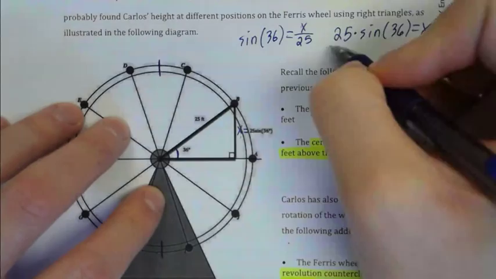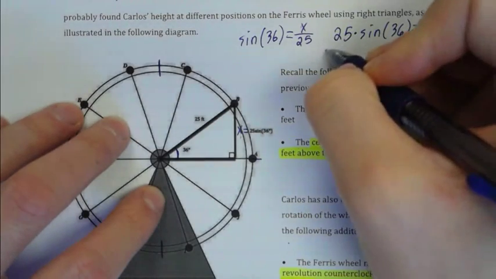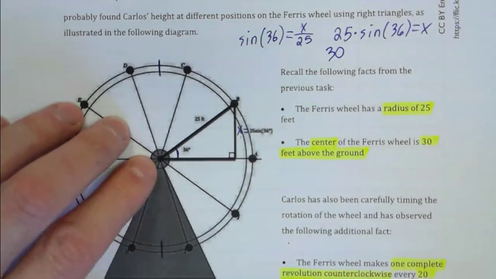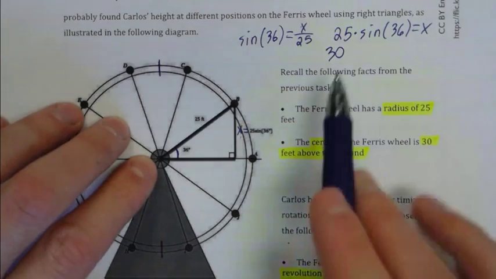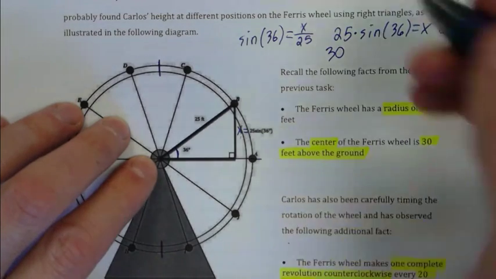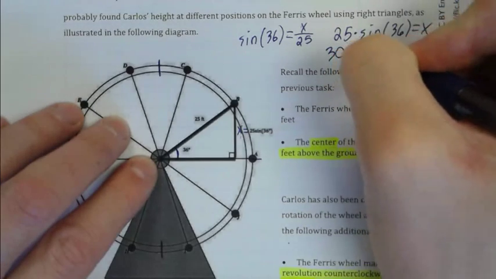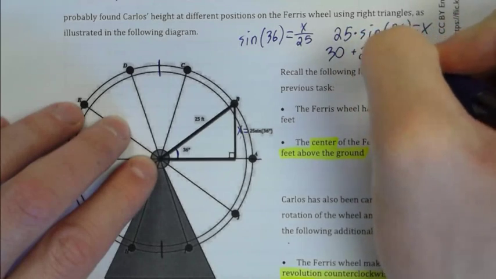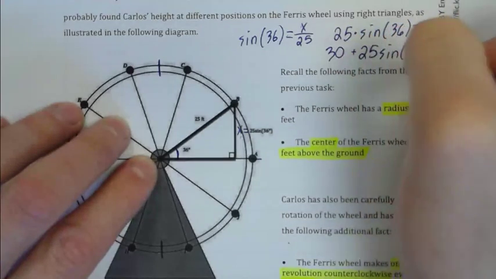And then in order to figure out the height of B, we would just do the 30 feet that the center is above the ground plus this value. So it would end up being 30 plus 25 sine of 36.